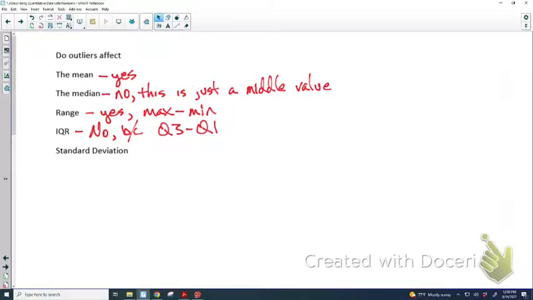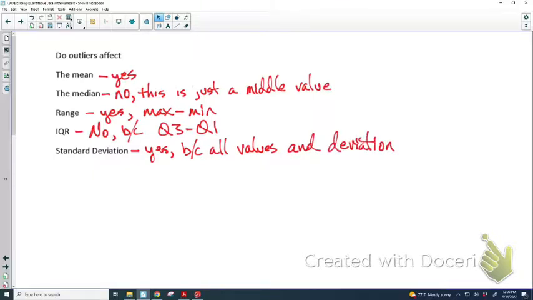And this, just like the mean, yes, because all values and deviations are used to find S.